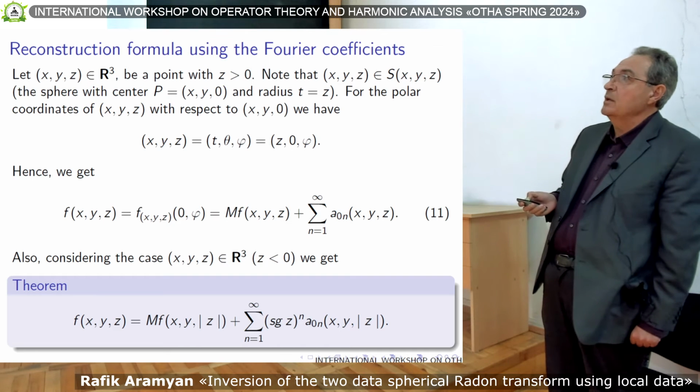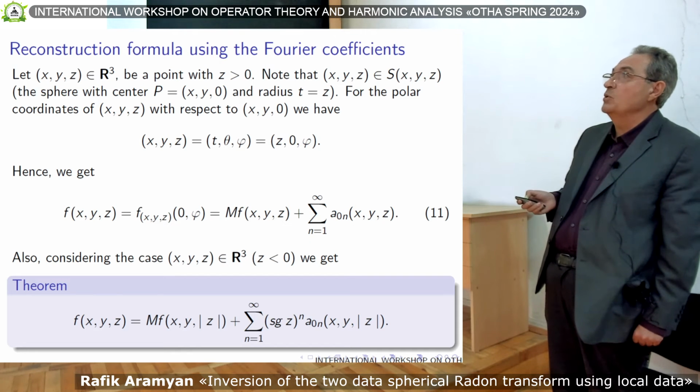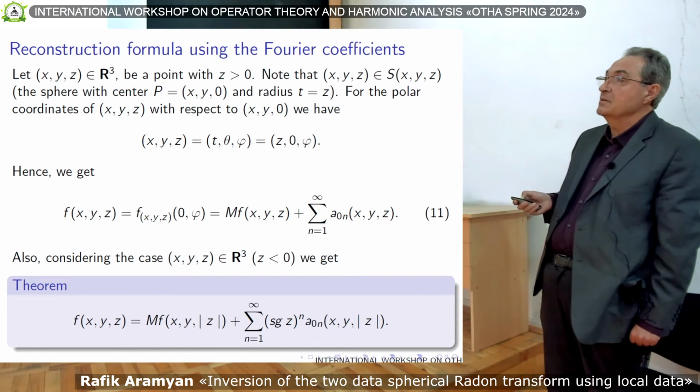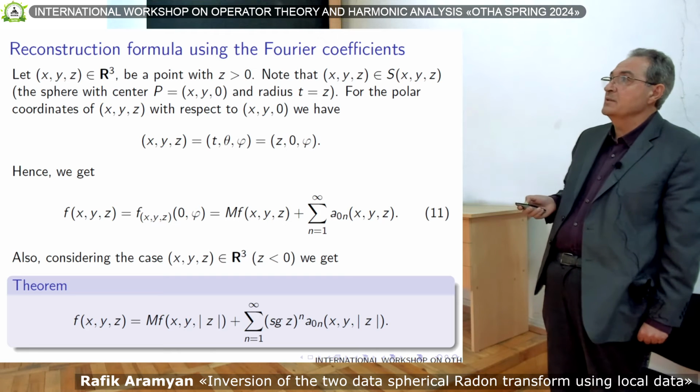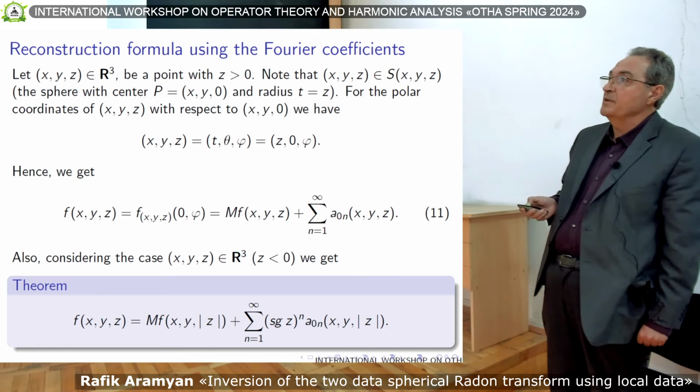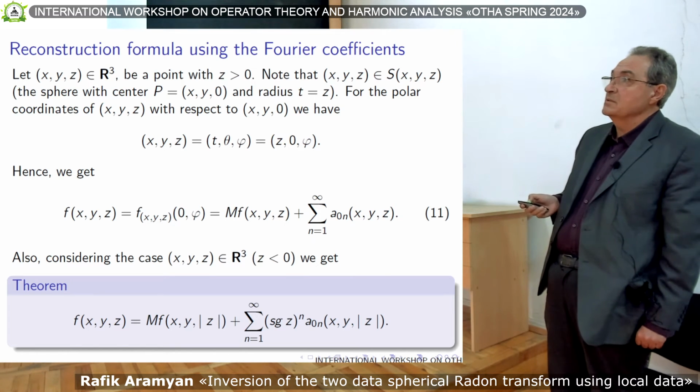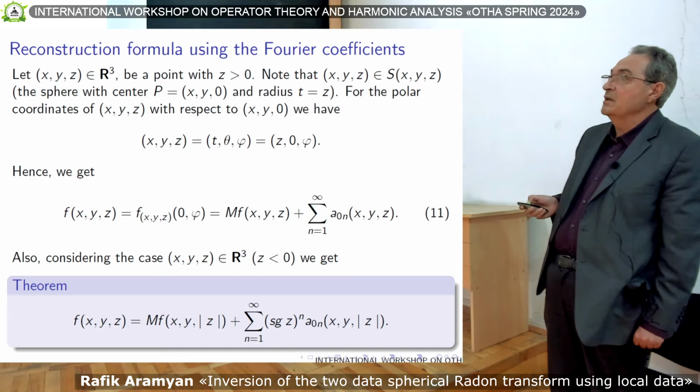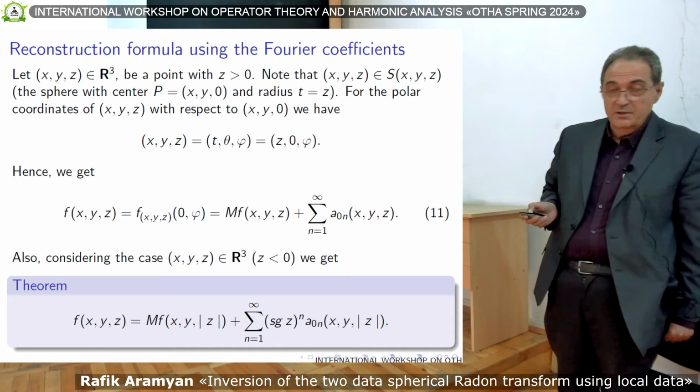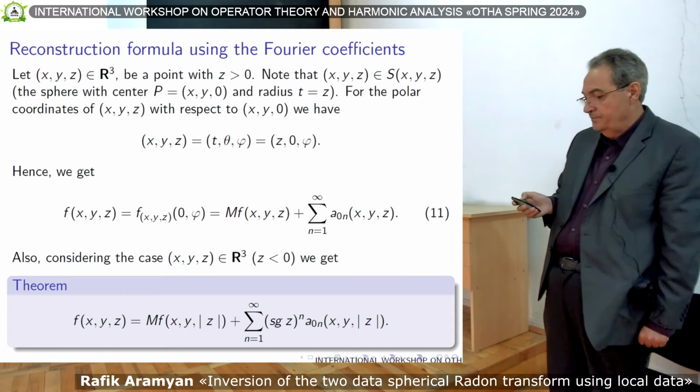Also considering the case of a point where z is less than 0, we get finally the following theorem. f(x, y, z) is the sum of the series. Here sigma is the usual sign function.